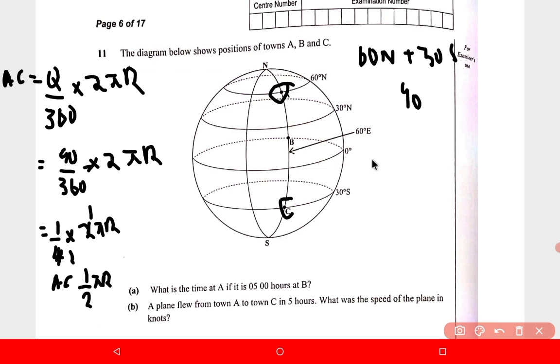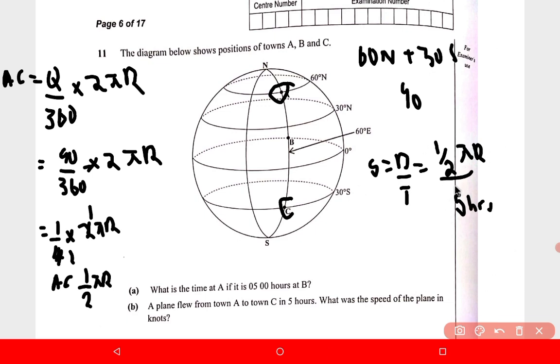So you can just say that the speed is equal to what? Distance over time. So distance is half pi r over the time, which is 5 hours. So when you divide these two, 0.5 divided by 5, you get 0.1.